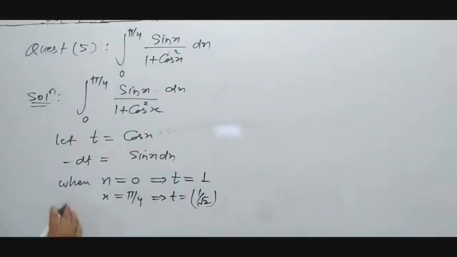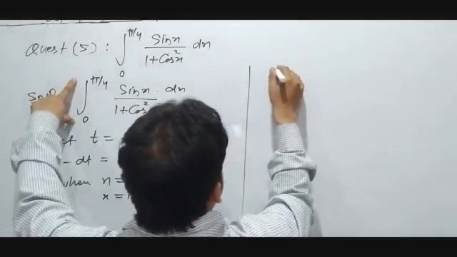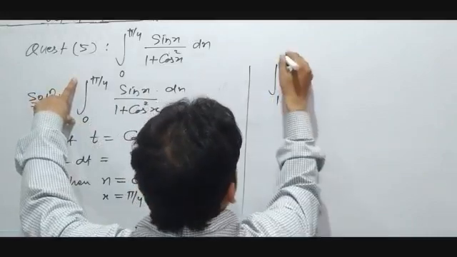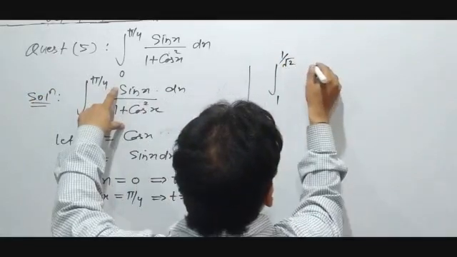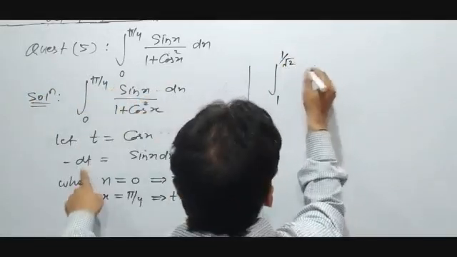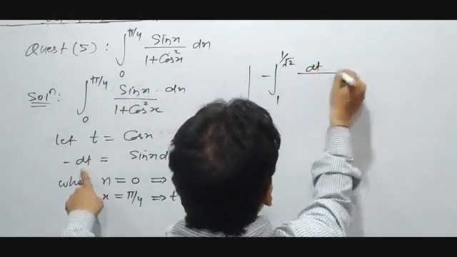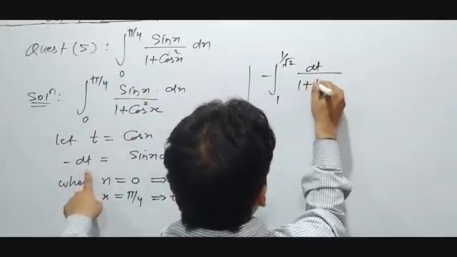So now this expression, by changing the limit, means 1 to 0 of sin x dx, whose result is minus dt, so minus dt whole upon 1 plus t square.